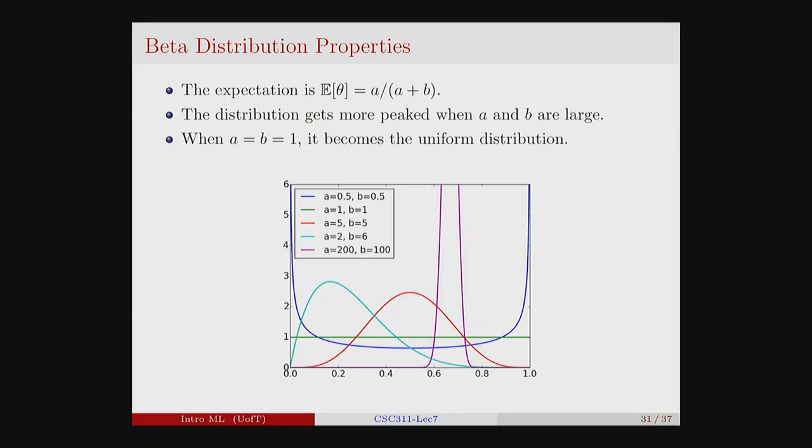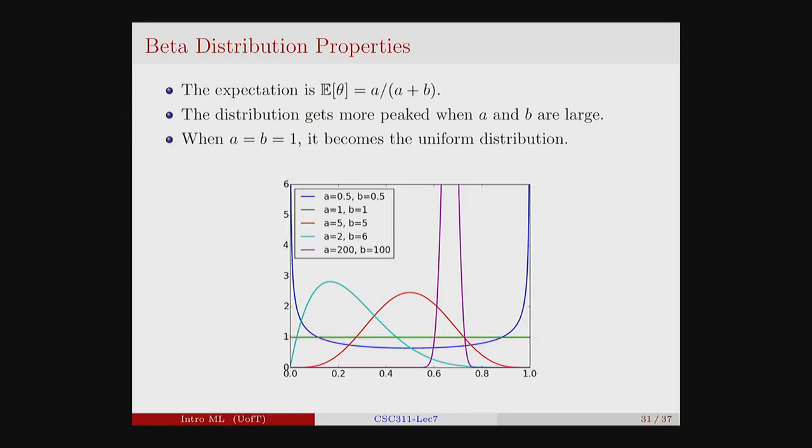So by manipulating A and B, what you can do is express different choices of prior beliefs. If you're someone who says, this coin could be biased or it could be completely fair, and I have no prior beliefs about how biased it is, you might end up picking a prior distribution, which is a beta distribution, with A equal to 1 and B equal to 1, which represents this PDF.